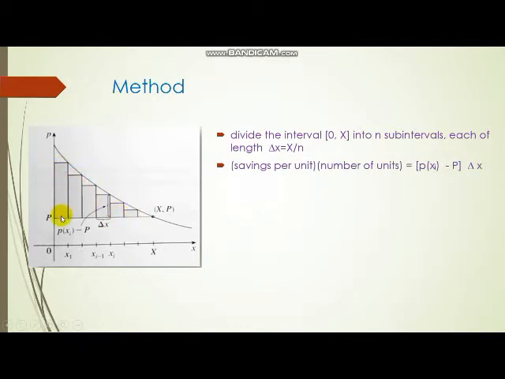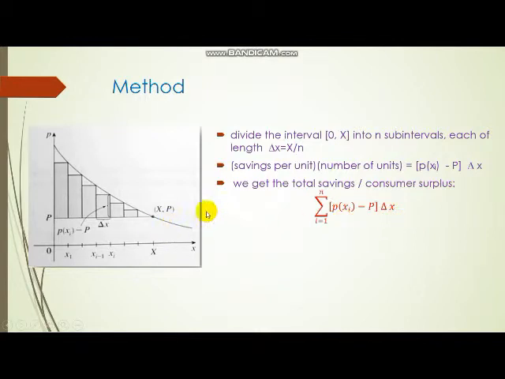So the total saving for this area is price demand minus price, times the difference in x. To get the total consumer surplus, we add all these subintervals, so we get this formula.